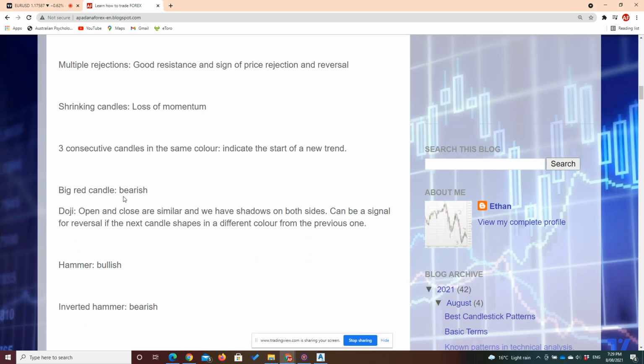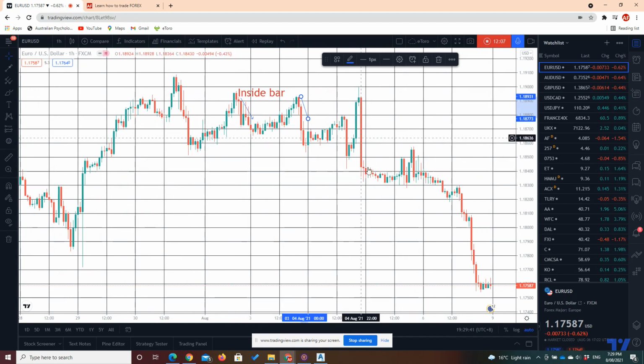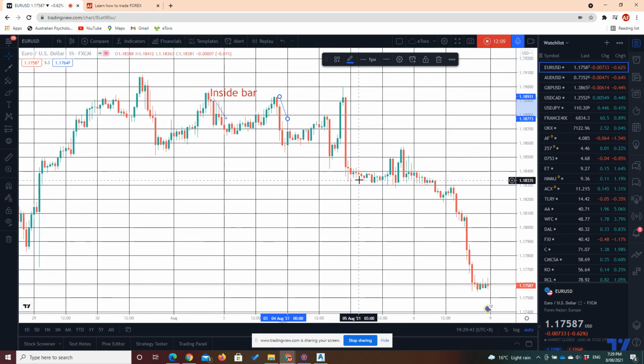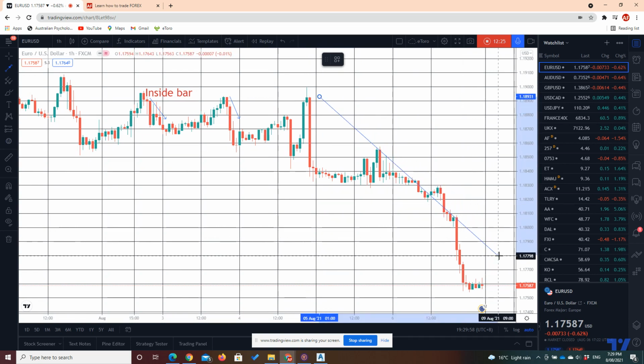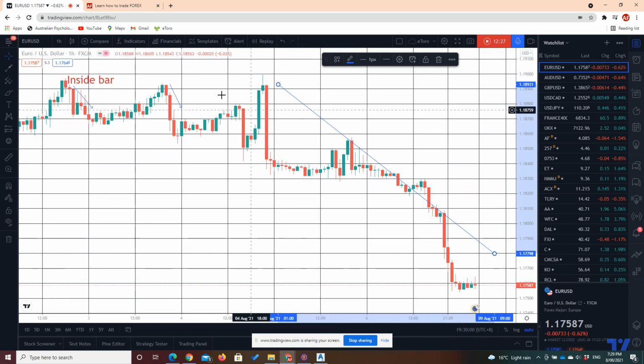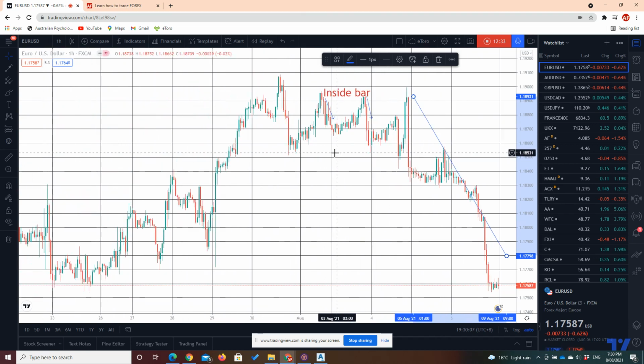A big red candle is bearish, as you can see, the big ones. That's a sign of bearishness. And if you're working on long-term time frames, then you know, okay, this is a big red candle. We want to put the stop loss above here and then just enjoy the downtrend here. So this big red means that we are going down.